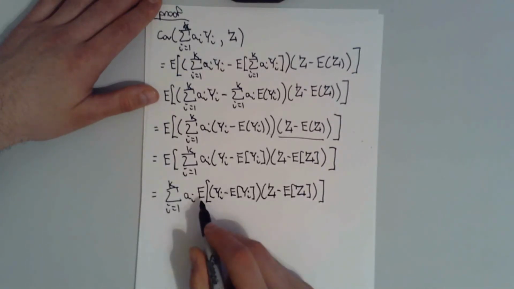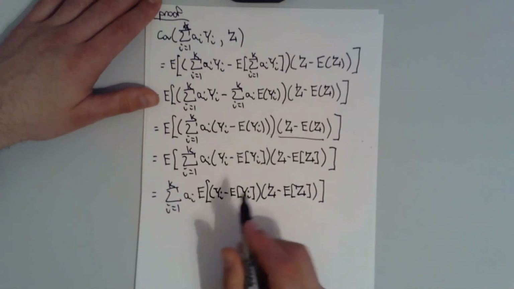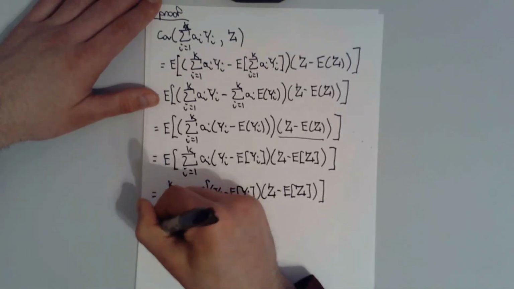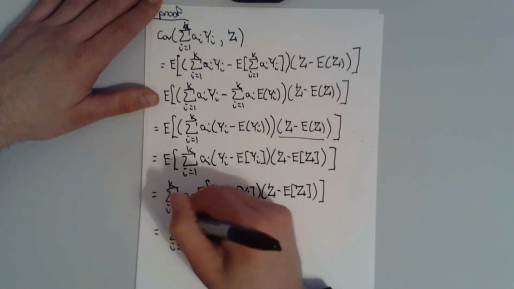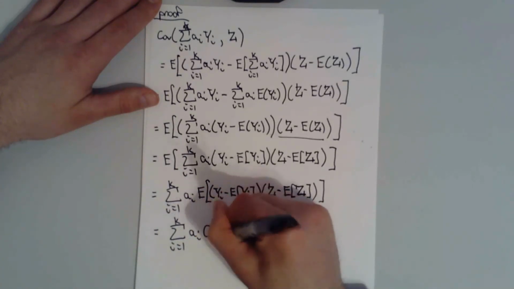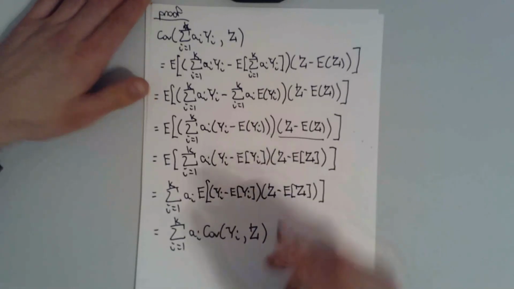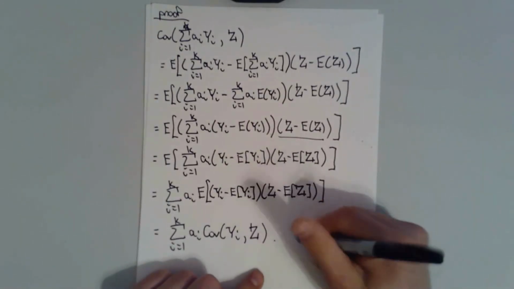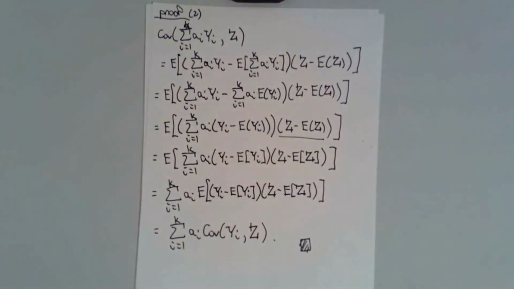And by definition, for each value i, this is the covariance of y sub i with z. And this completes the proof. Again, this is just the proof for statement 2 of that proposition.